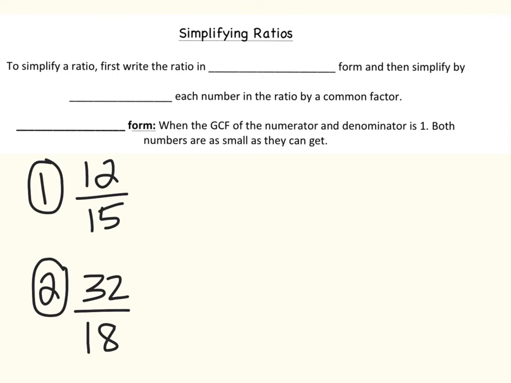It says to simplify a ratio, first write the ratio in fraction form. And then to simplify, think about what operation I just mentioned on the slide before. We're going to use the idea of division, and we're going to simplify by dividing each number in the ratio by a common factor. So it has to be a shared number, a number that they share.